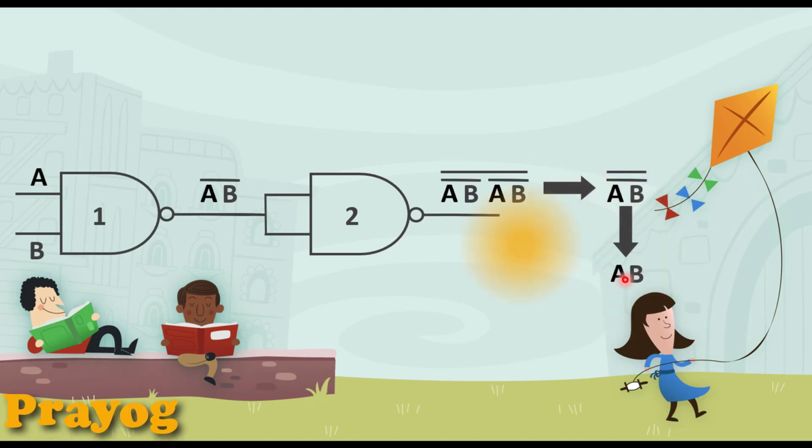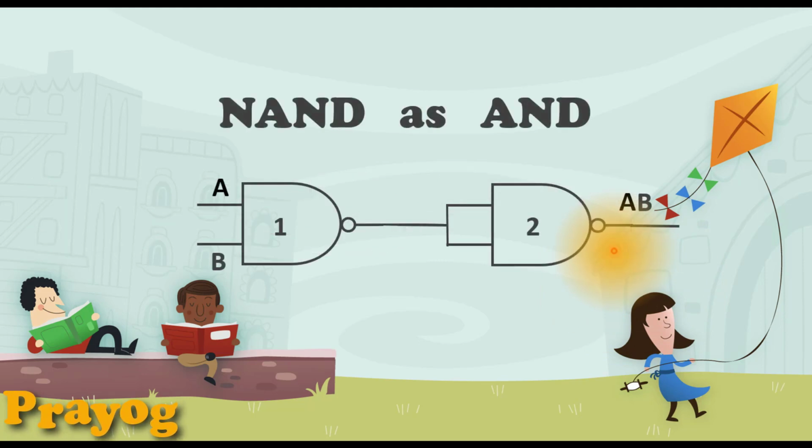That means using NAND gate we are able to produce the output AB, and you must be remembering the output of AND gate is also A into B. It works like this. Right now NAND is working as AND.